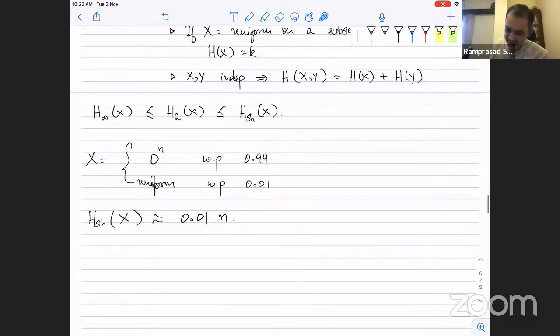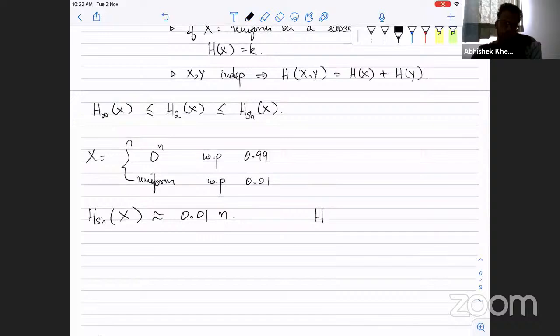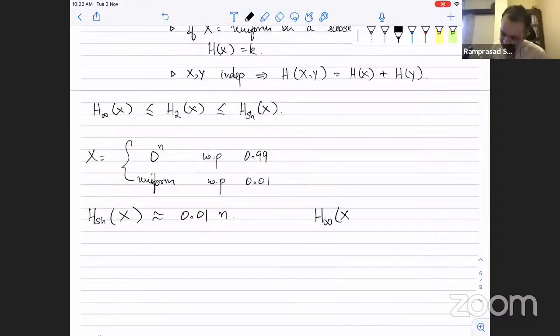So it makes sense that I must have a good amount of randomness. But on the other hand, what can you say about H infinity of X? Notice that H infinity of X has to do with the largest probability that you end up seeing. The largest probability I end up seeing is that of 0 to the n, which is 0.99 plus a little bit more.